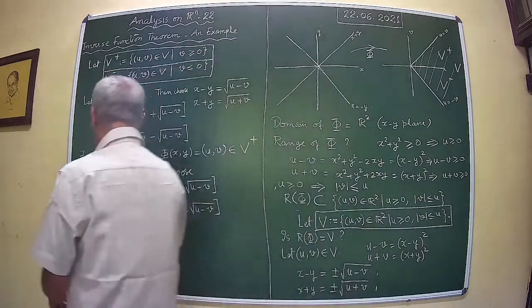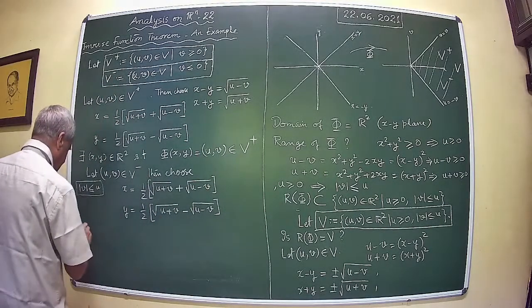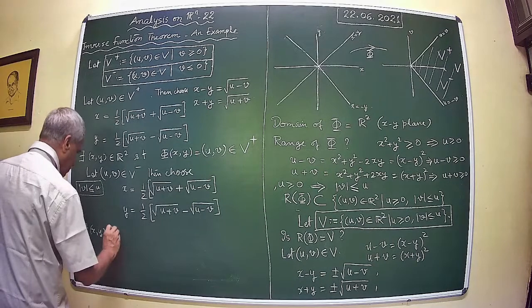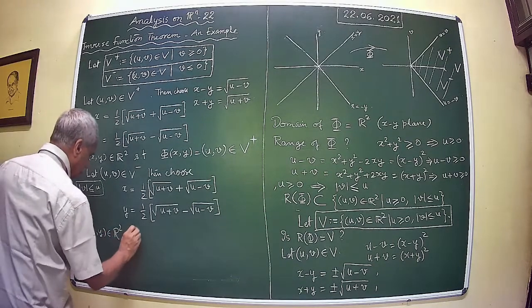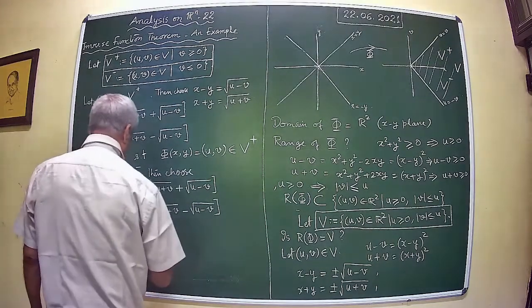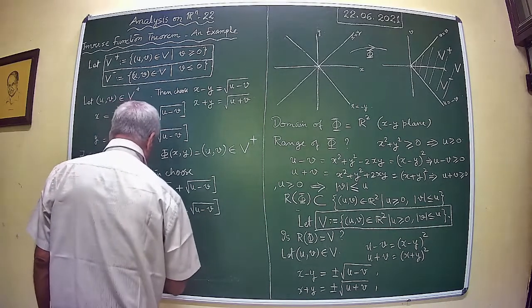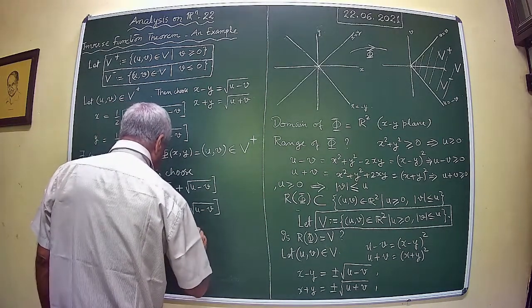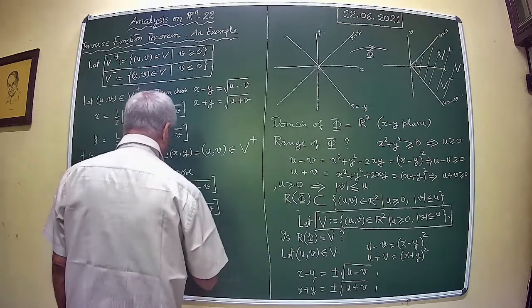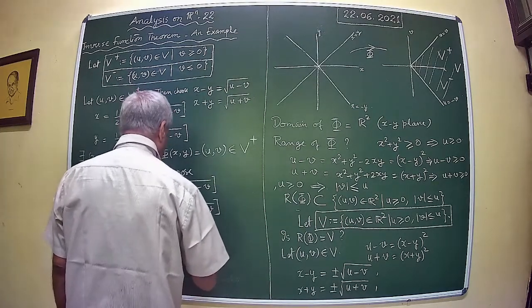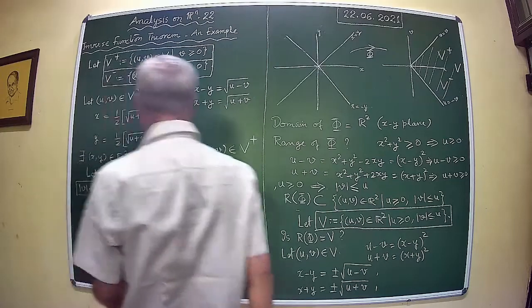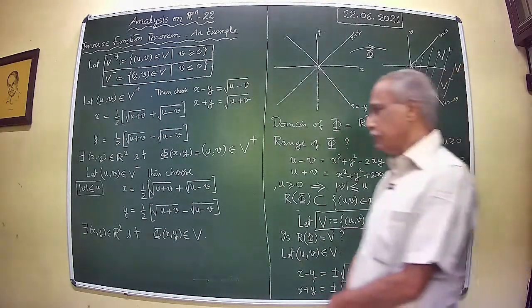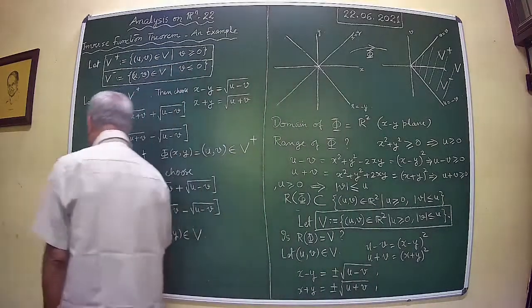Therefore there exists an (x, y), so you see that phi is onto.